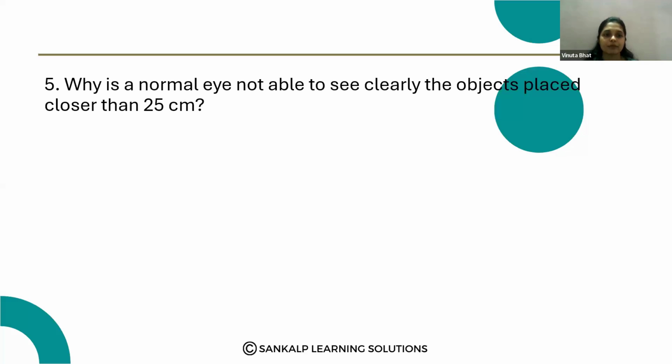Next question. Why is the normal eye not able to see clearly the object placed closer than 25 centimeter? Please note down the question.